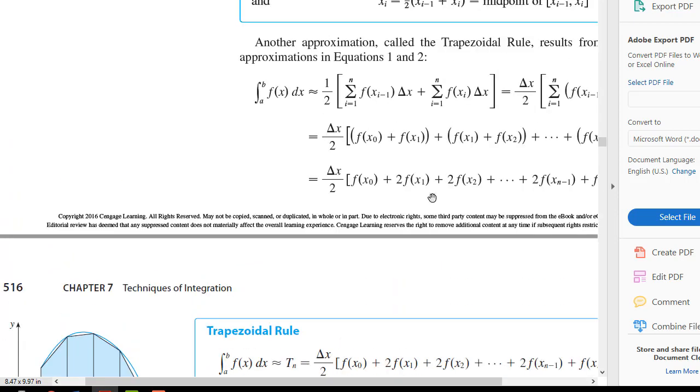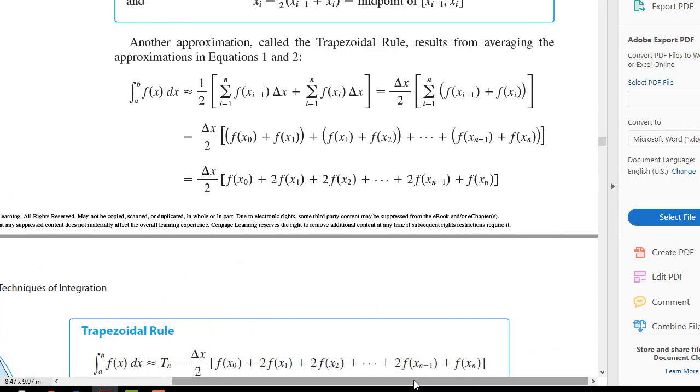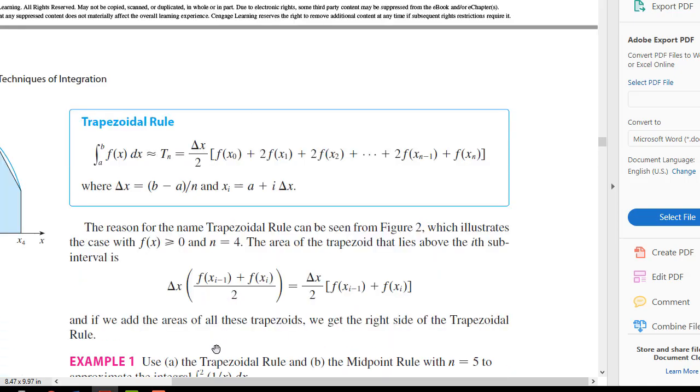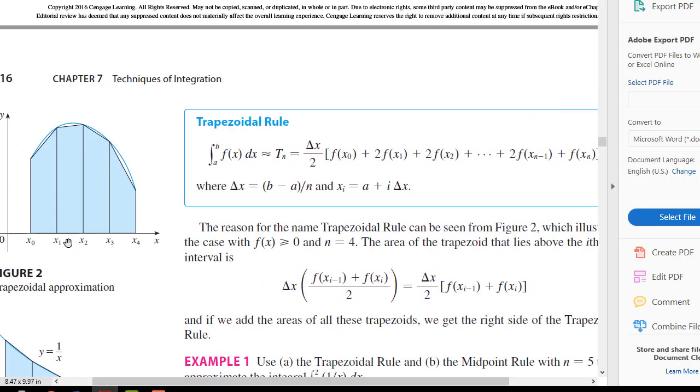So when we come up here to Stewart's derivation, he says we're really going to average the left endpoint and the right endpoint. That's what he's showing me symbolically here. So for the first trapezoid, let's come back down to his picture. Here's the left endpoint. He denotes it as x sub 0. Some books call this a, right? A to b. But he denotes it x sub 0. Here's x sub 1.